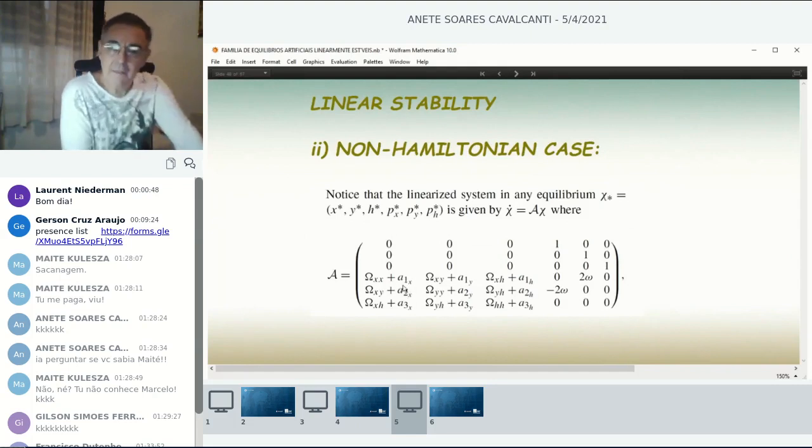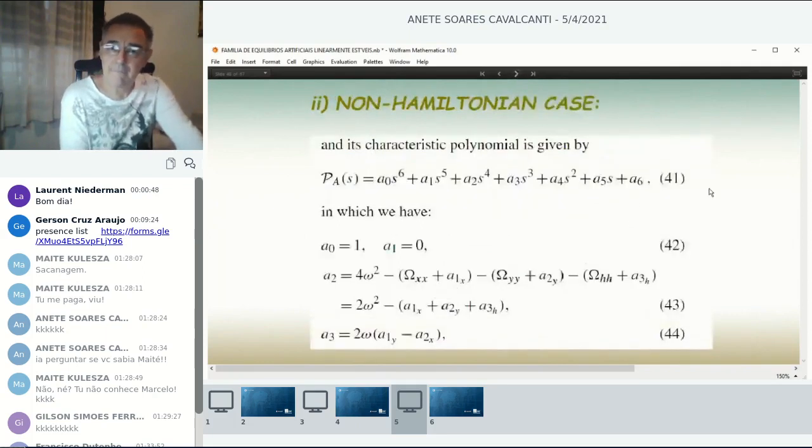Just a word of caution. These A's that appear here are the components of the acceleration due to the solar pressure. I have to make this comment because I use the same letters, A, here in the characteristic polynomial.